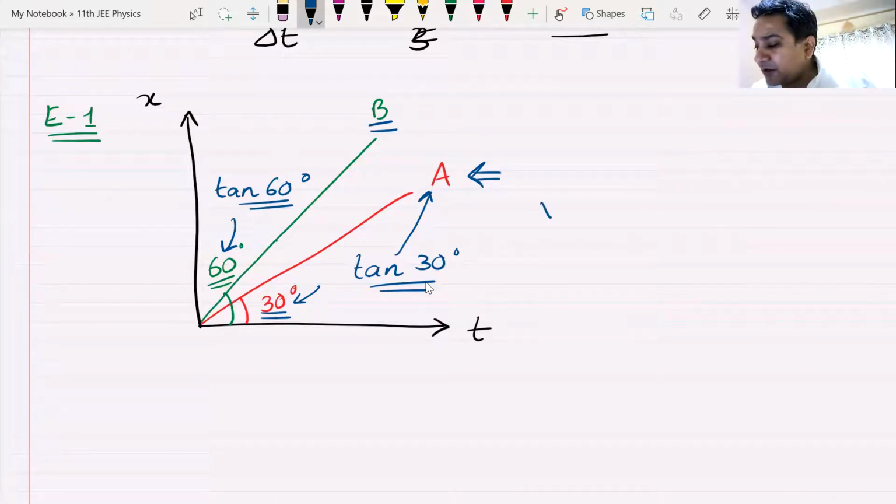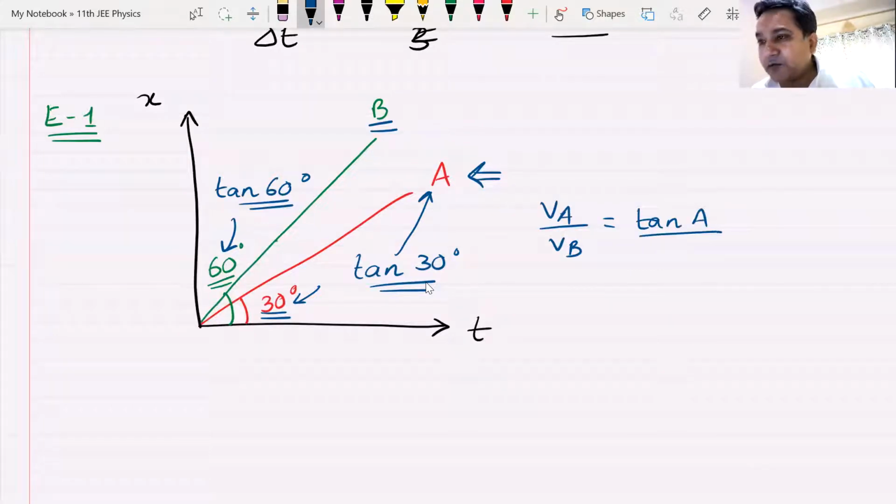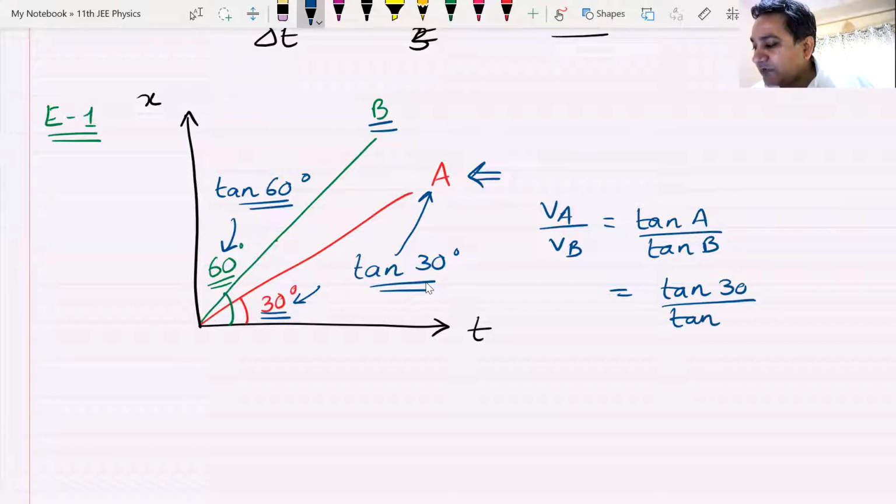Now I have to find the ratio of velocity of A by velocity of B. So this would be nothing but tan of A divided by tan of B, which is nothing but tan of 30 divided by tan of 60.